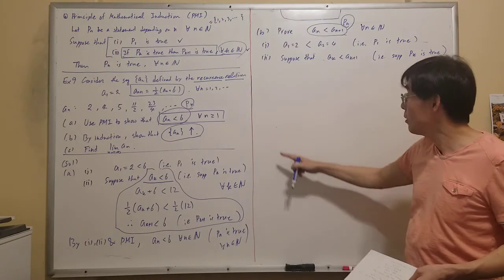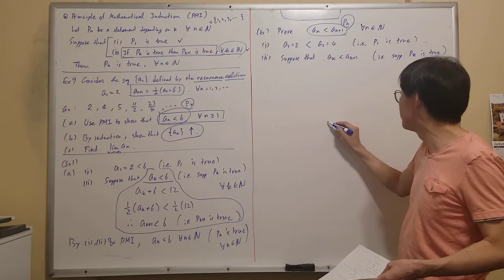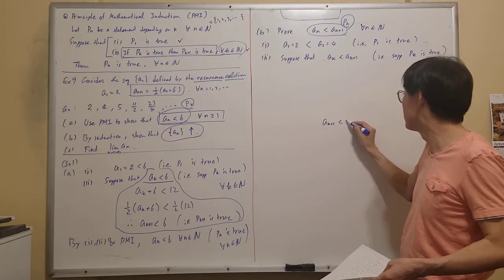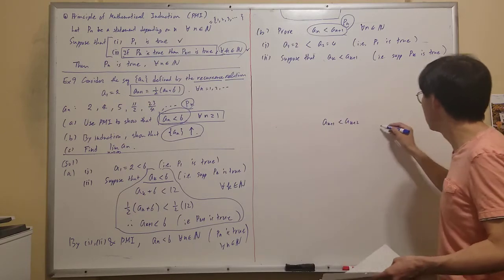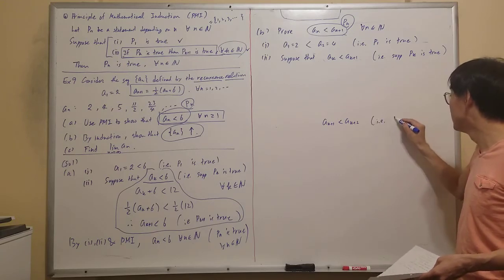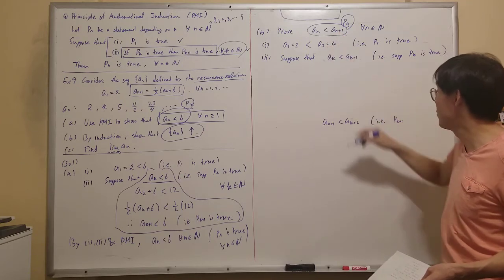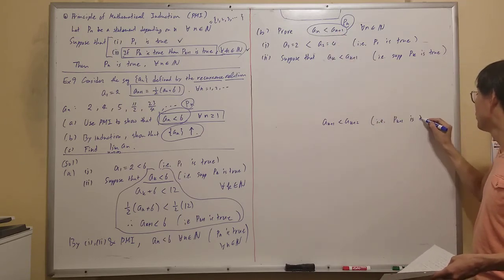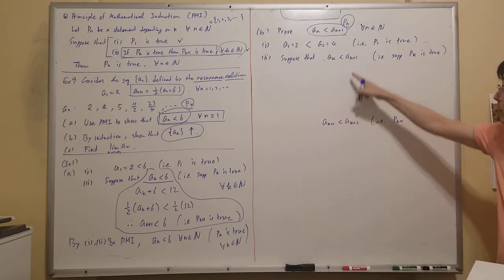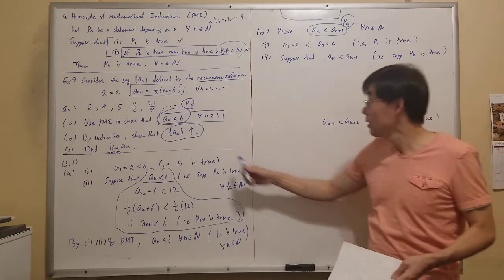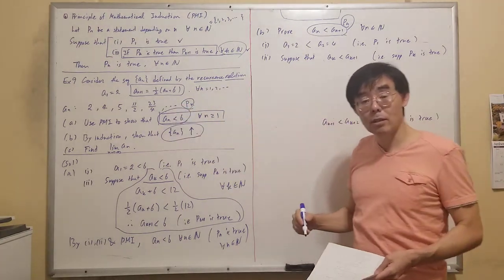Now, from there, we want to say that this is k plus 1. So when n equals k plus 1, this is k plus 2, right? So we want to derive this from here, again using this recurrence relation.